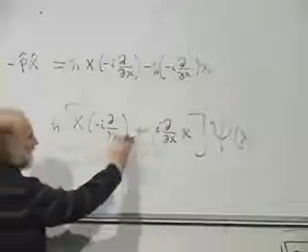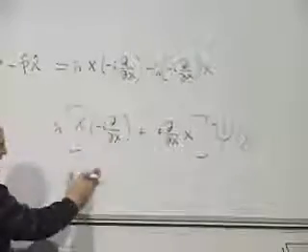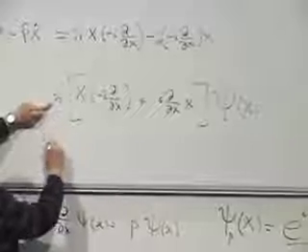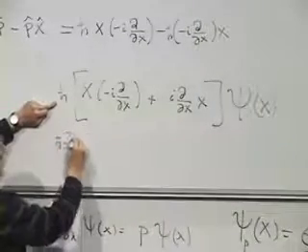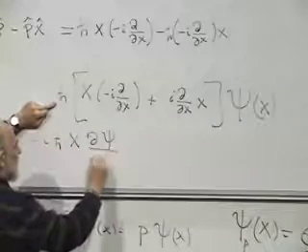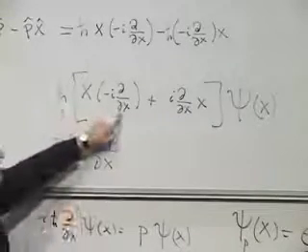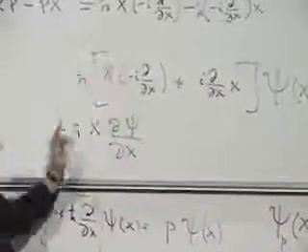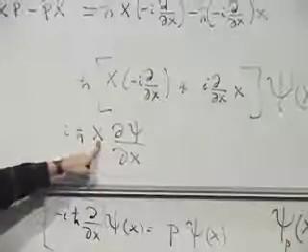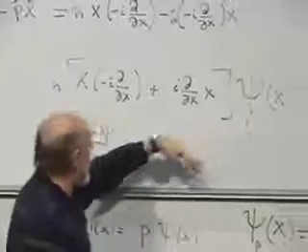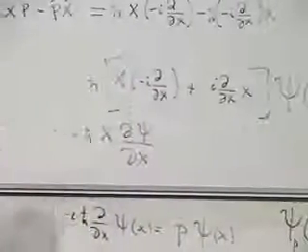Okay, so here it is. We first apply minus i d by dx to psi. Let's take these two terms and work them out separately. First of all, we get h bar, and then this term gives us x times minus i d psi by dx. All I've done here is apply this d by dx to psi. The x is to the left, so it doesn't get differentiated. Only the psi gets differentiated, and then we multiply it by x.